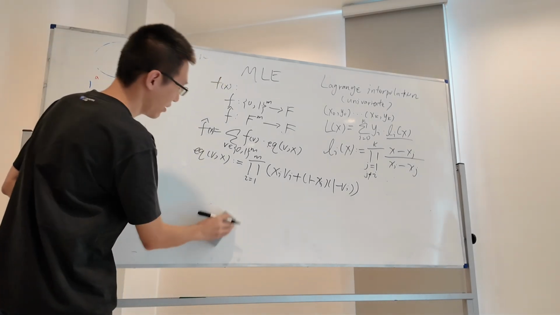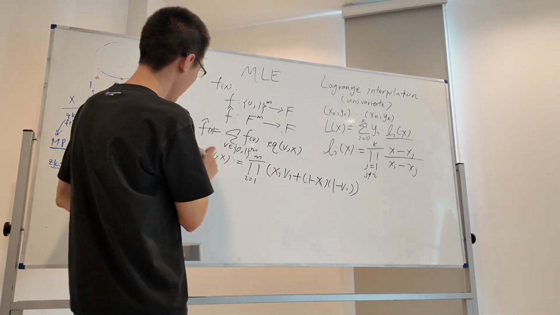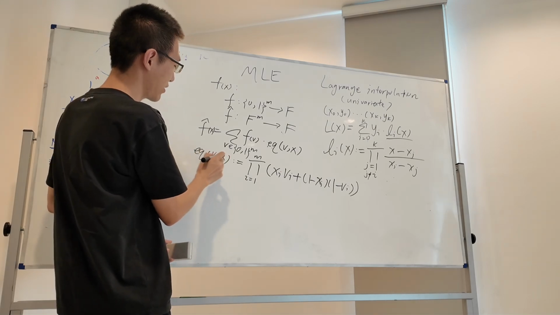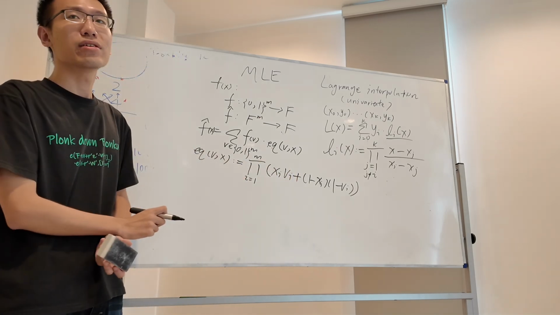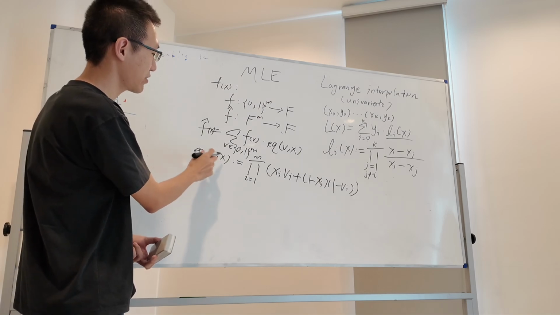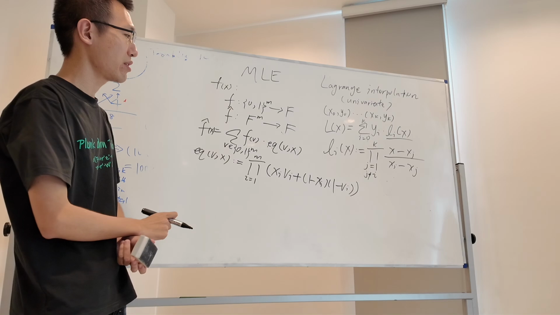What I want to say is that if and only if x is equal to w, this equality function is equal to 1. If x is not equal to w, this function should be 0.